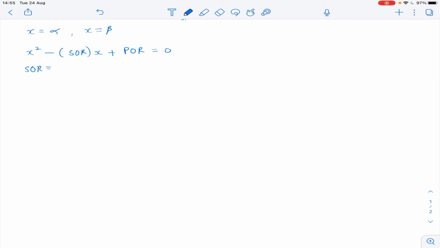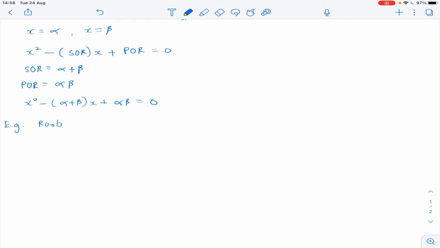Given the roots alpha and beta, the sum of roots will just be alpha plus beta. The product of roots would be alpha multiplied by beta. So if I rewrite this quadratic equation, it will be x squared minus (alpha plus beta)x plus alpha beta equals 0. Okay, let's do an example together.